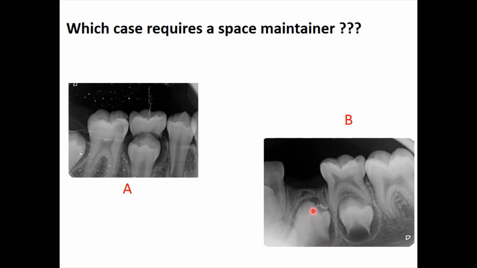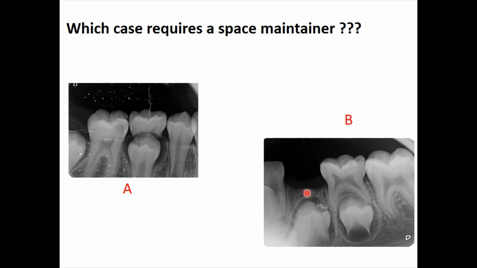So there are chances of loss of space if we do not give space maintainers. And again, as we can see, the bone is more than 3 mm to 4 mm, so it will take a longer time for the tooth to erupt.